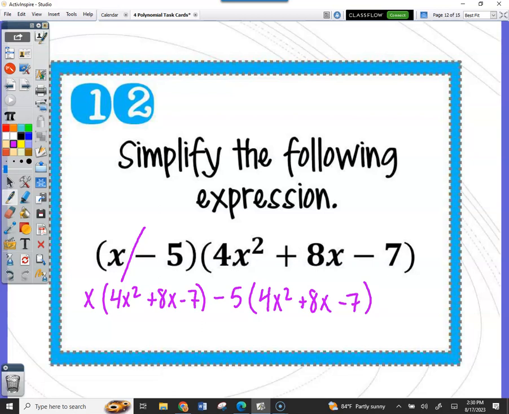And then you would multiply that out, right? Your final answer, I think, is going to end up with an x cubed, an x squared, and an x. And a number. And a constant, sorry.